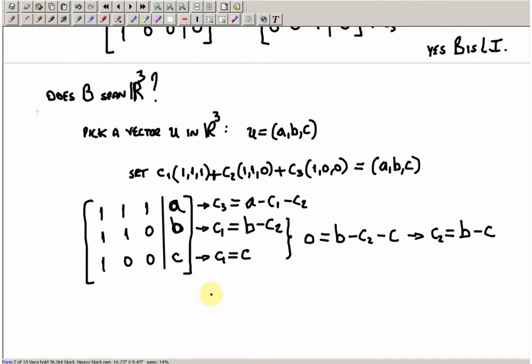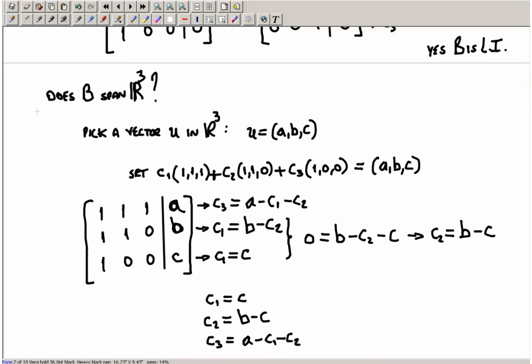I found C1. C1 is C. C2 is B minus C. And C3 is A minus C1 minus C2. In other words, I found C1, I found C2, and once I found them, then I can find C3.